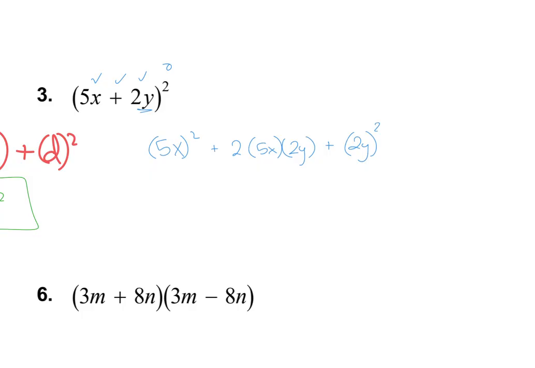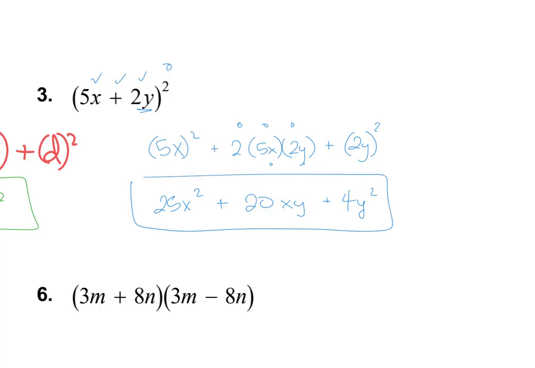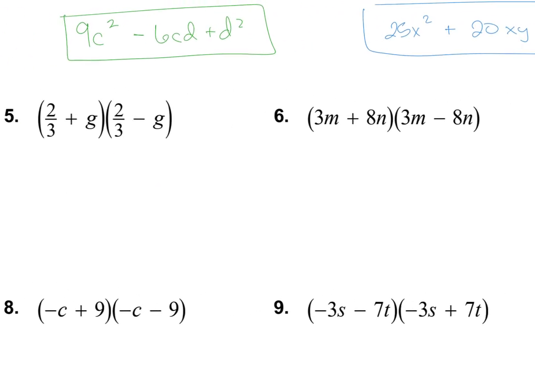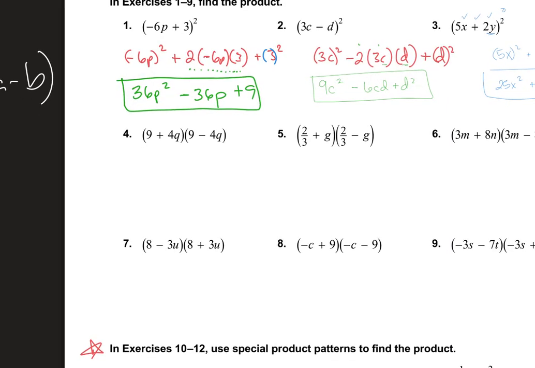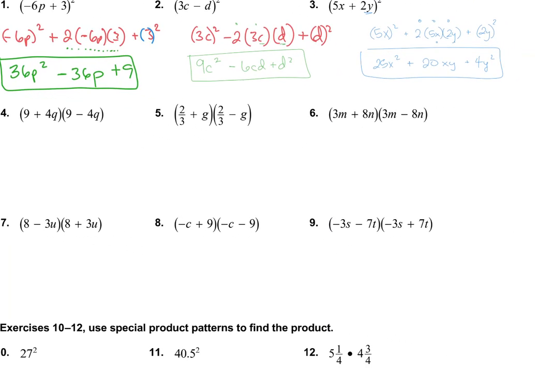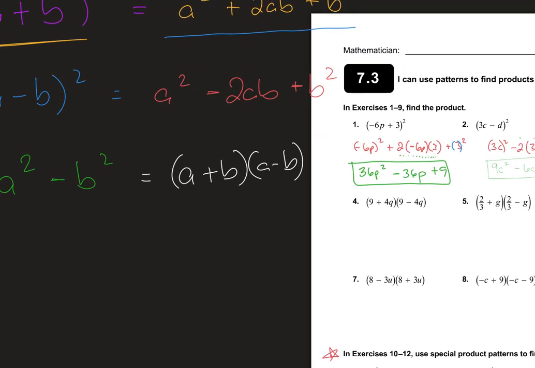So anyway, now we just simplify this. (5x) squared is 25x squared. 2 times 5 times 2 is 20, and then xy, because x times y, plus 4y squared. That's number 3.